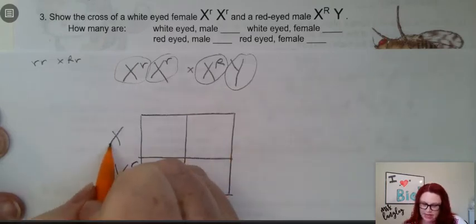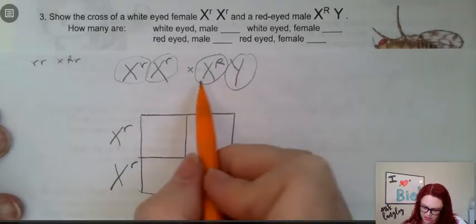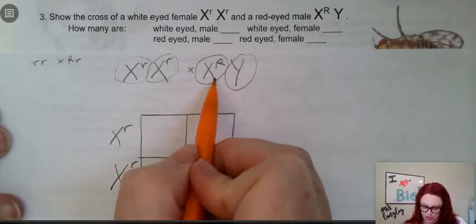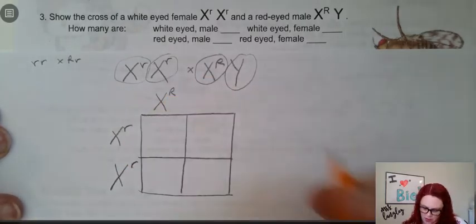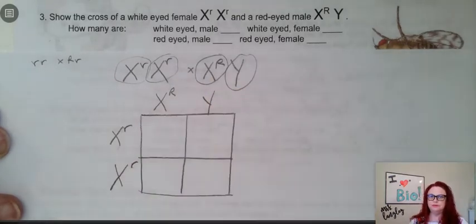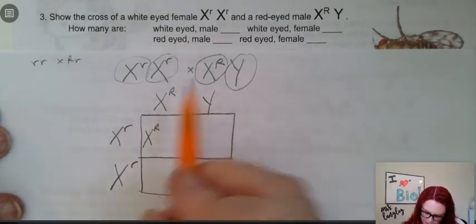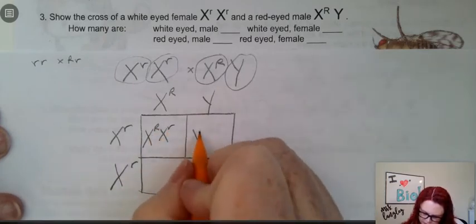The other is an X with a recessive allele. If I look here, the chromosomes that are available are an X with the big R or a Y. And like all our Punnett squares, we just start bringing the information together. And I put the capital first just because it's easier for my brain to figure out what's going on.